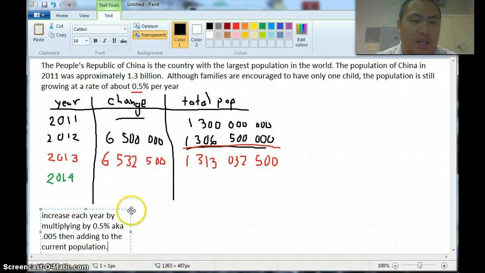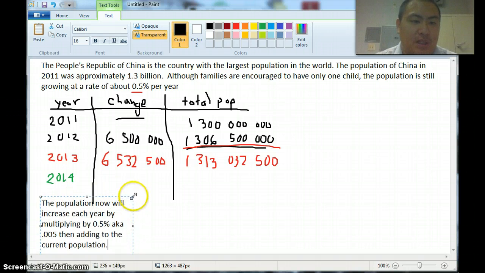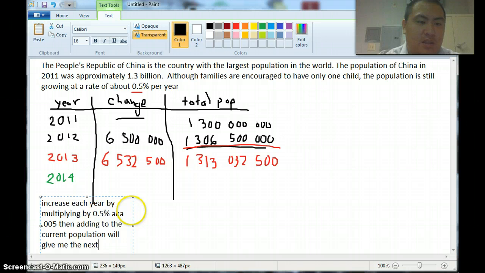So you're just trying to come up with a way to say what we did. The population now, as in this one, 1.3 billion, multiplied by 0.005, and then adding to the current population will give me the next year's population.